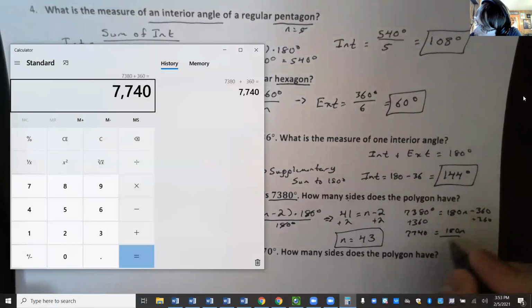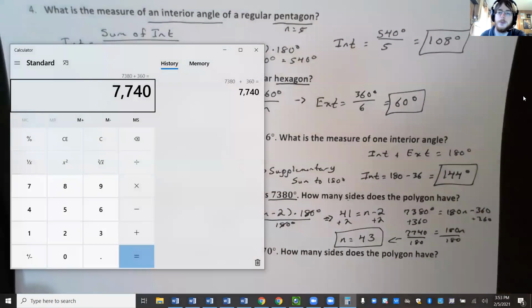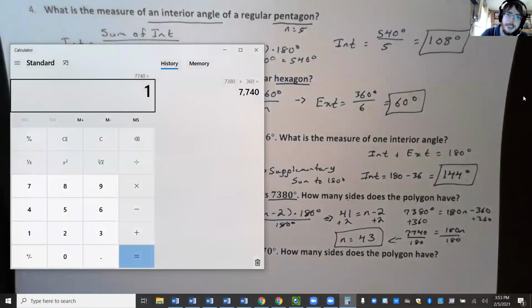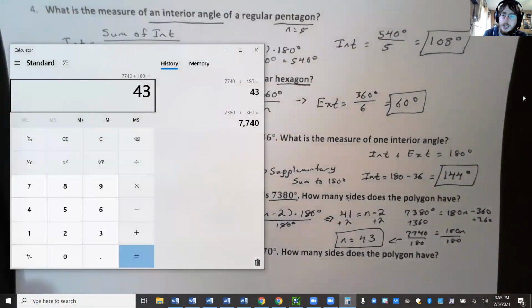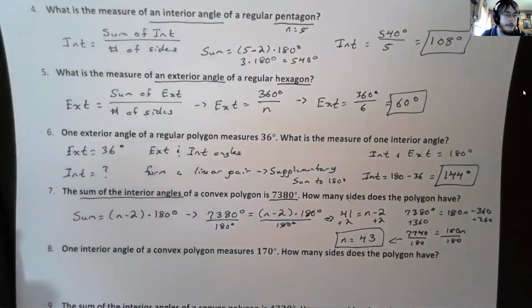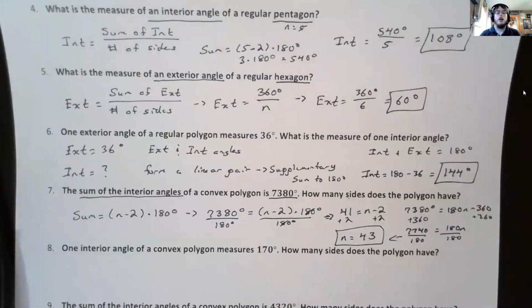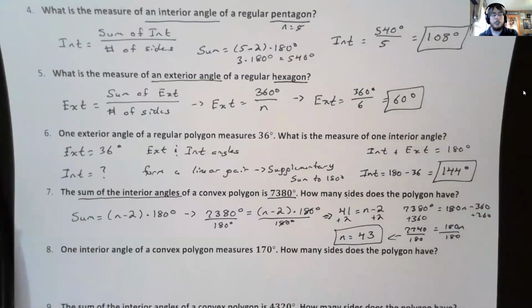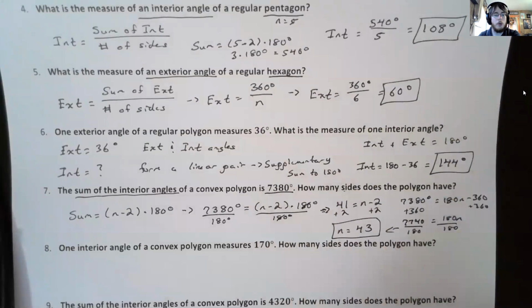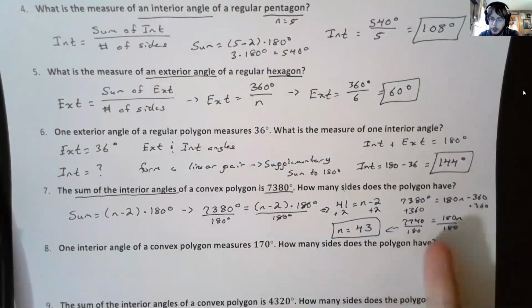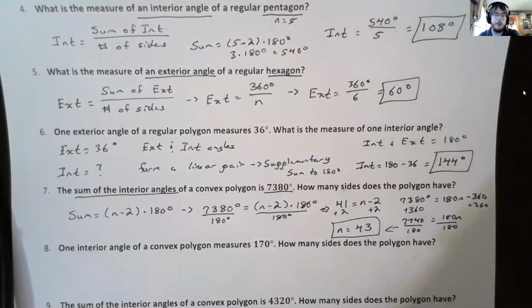And then you could divide by 180 after that, and you would get n equals 43 as well, as we can see there. So either way you want to solve it, I don't care. You can solve it whichever way, okay? I'm going to be solving it using this method here, dividing by 180. You can use the distributed method if you choose to do so.